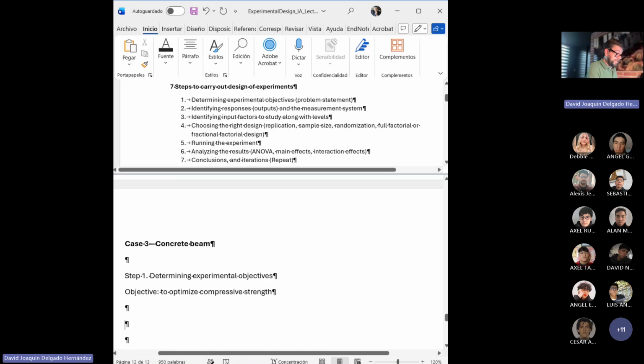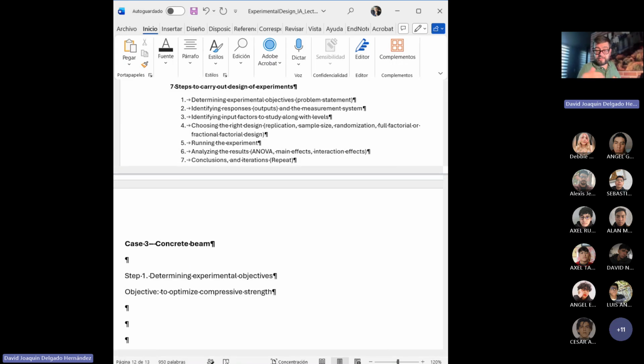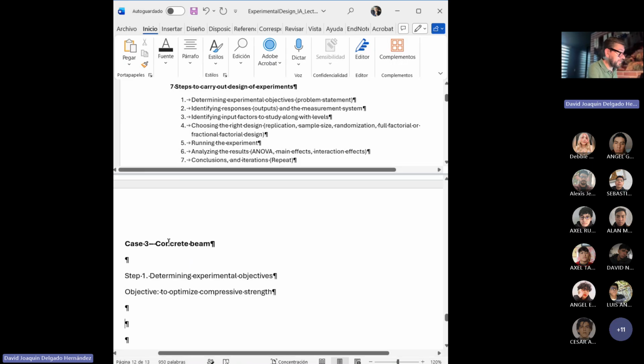Do you remember we can play with the mix of cement, other rocks, the water, and so on, in order to have a stronger concrete. You start playing with these materials, and then you can have a combination that is perfect to resist the loads in the beam, in the concrete beam.